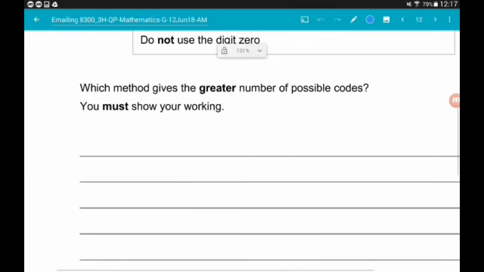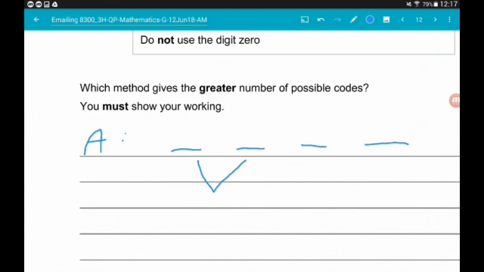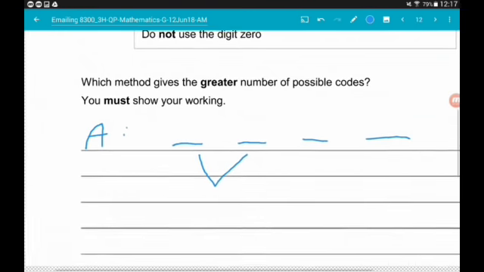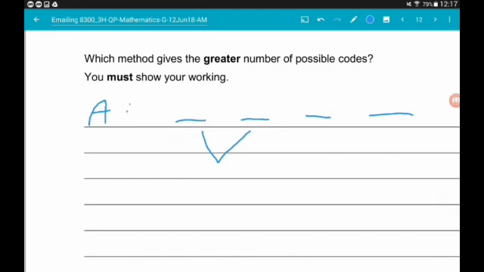So for method A, we want 4 digits. For the first 2, we want an odd number between 30 and 100. So 100 minus 30 is 70. There are 70 numbers between 30 and 100.